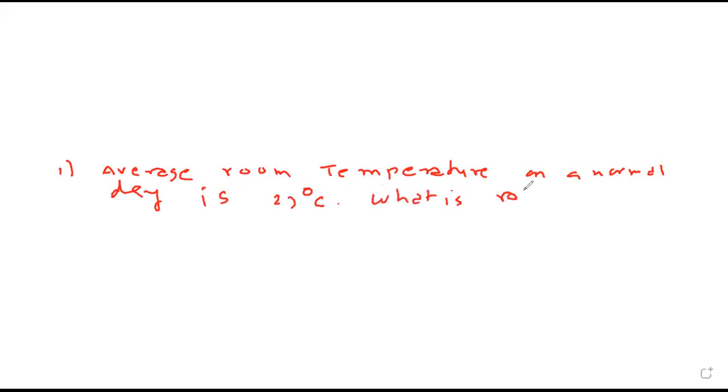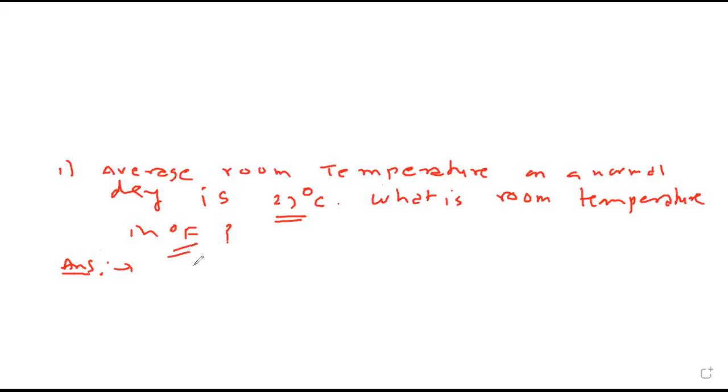What is room temperature in Fahrenheit? Now see, room temperature is 27 degrees Celsius on a normal day.